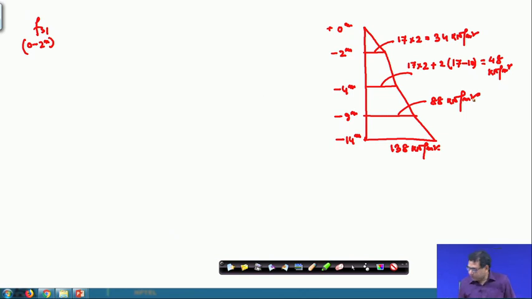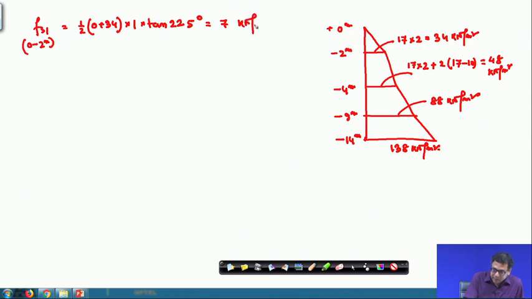If I calculate the first part, this will be the average value, 0 plus 34, k is taken 1 and tan 22.5 degree. So, that is coming out to be 7 kilonewton per meter square.